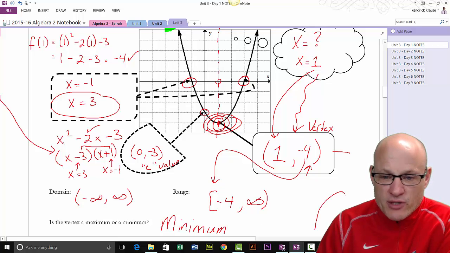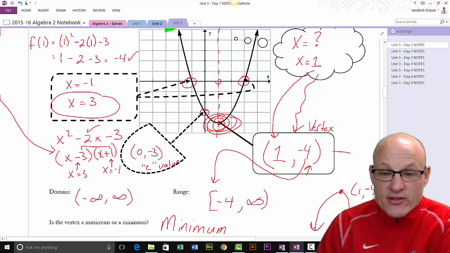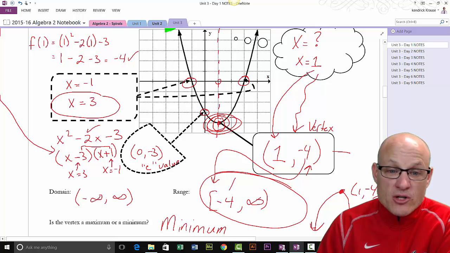If this was a parabola that was upside down, and let's say this vertex was (1, -4), and it was going down. Well, in this particular case, this would be the highest point. And remember, when you're dealing with interval notation, the small number goes on the left and the large number goes on the right.